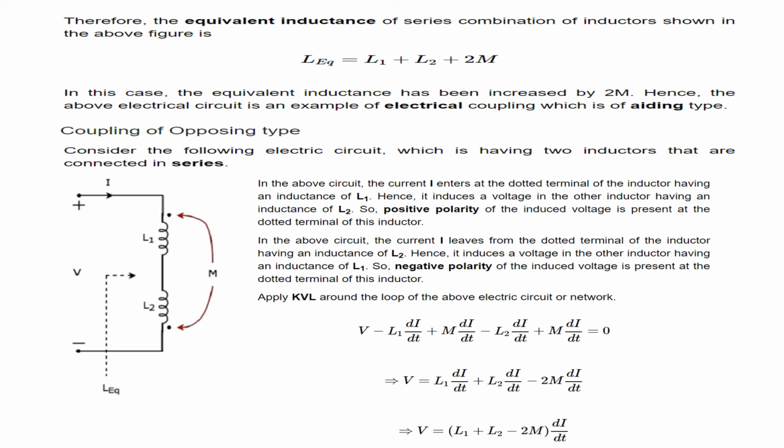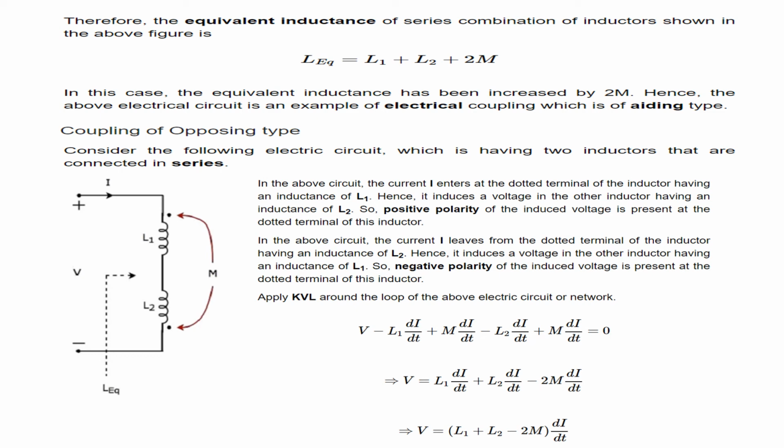Now, coupling of opposite type. Consider the following electric circuit which has two inductors connected in series. In the above circuit, the current I enters at the dotted terminal of the inductor having inductance L1. Hence, it induces a voltage in the other inductor having inductance L2.